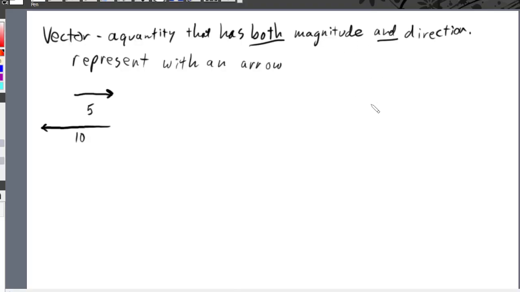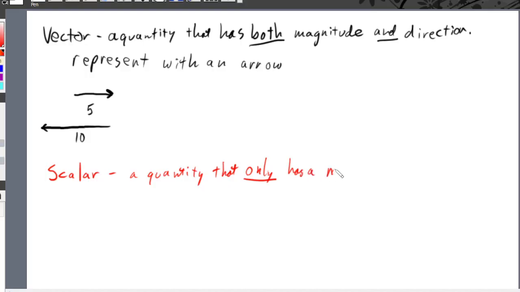Now, so that tells us what a vector is, something that has a magnitude and a direction. And I used another word also. I said the word scalar. Okay. Does anyone know what a scalar is? S-C-A-L-A-R, scalar. It's also a quantity, but it's a quantity that only has a magnitude.